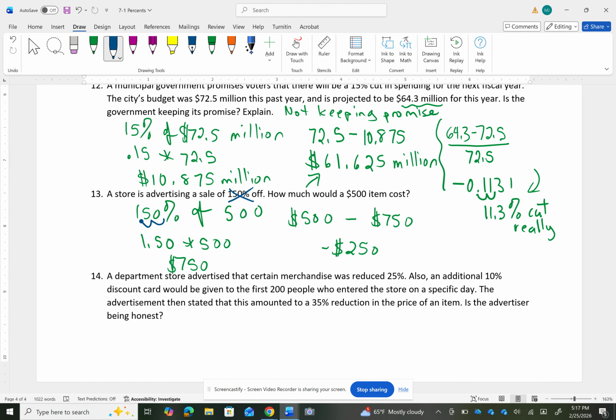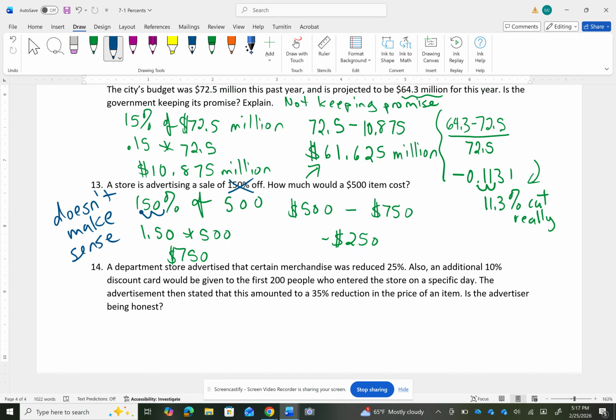A percent decrease can't really be more than 100%. Percent increase can, but percent decrease cannot. Okay, so this doesn't make sense here, does it? Not possible to have more than 100% off of something.